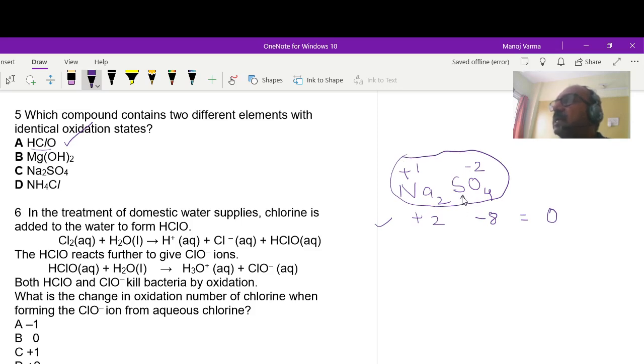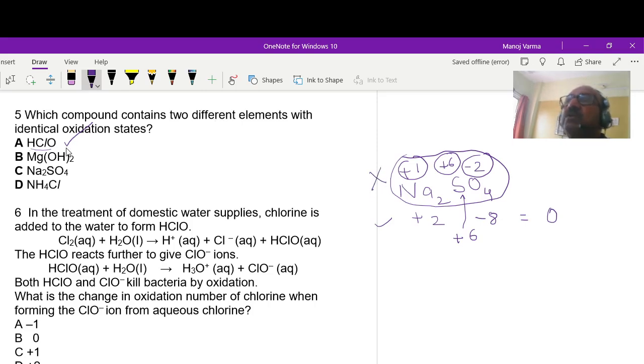So sulfur gets the oxidation state of +6. But if you are asked the oxidation state of oxygen, it will not be -8, it will be -2. Sodium is +1, sulfur is +6. So you find that none of the elements have the same oxidation state. He's asking for two different elements having an identical oxidation state, so obviously this is not the answer.